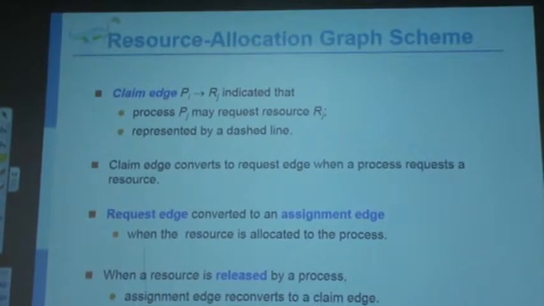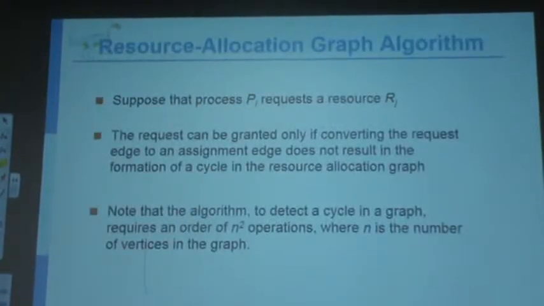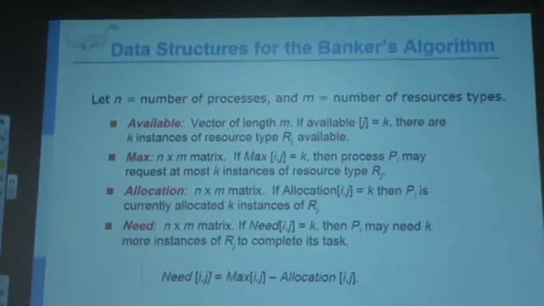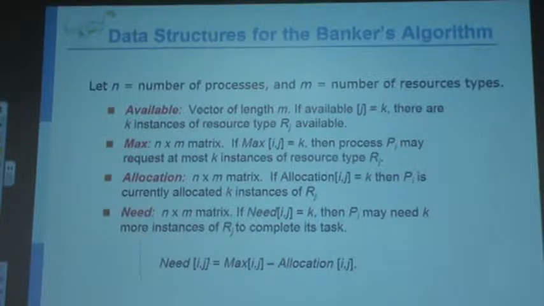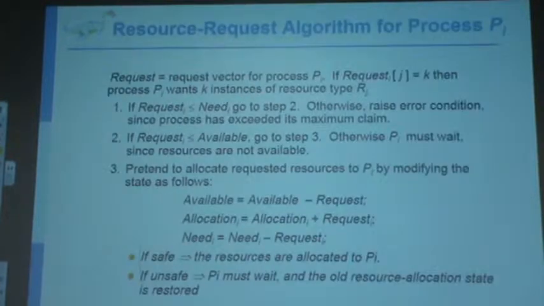Okay, we consider how many available resources, how many maximum per process, how many are allocated per process, and how many more resources are needed. Okay, it's a general version of this problem. That is the Banker's algorithm. So we will see the Banker's algorithm on Thursday.